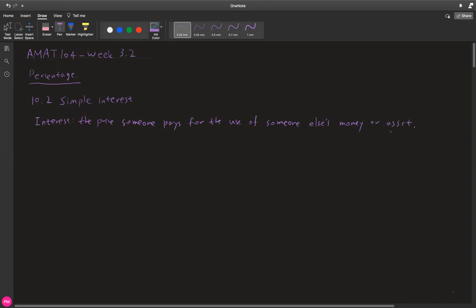So in this chapter, we're mainly going to look at the money, because we're more interested in the calculations of the interest rather than the payments.